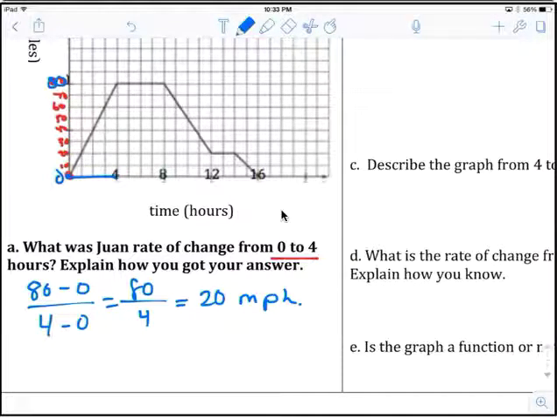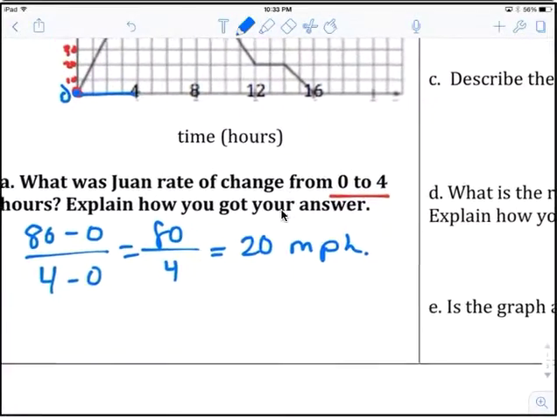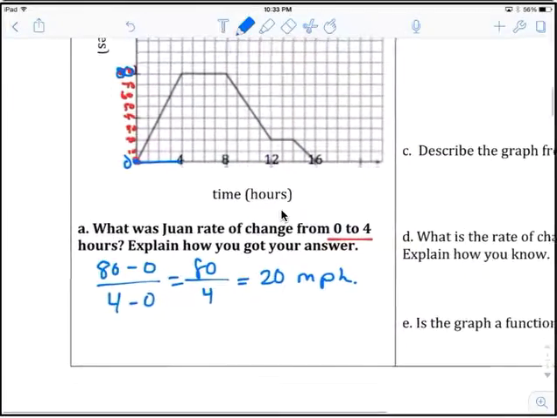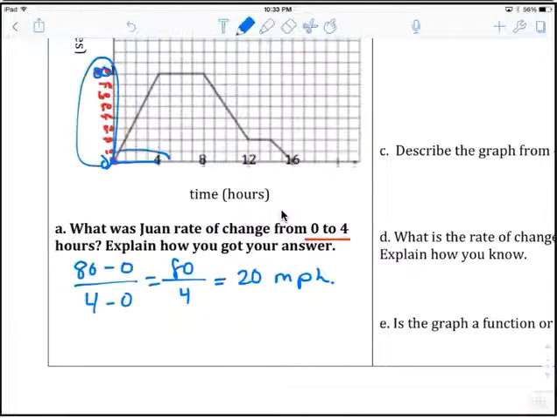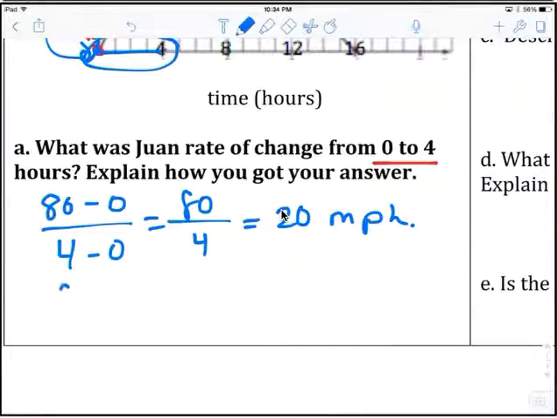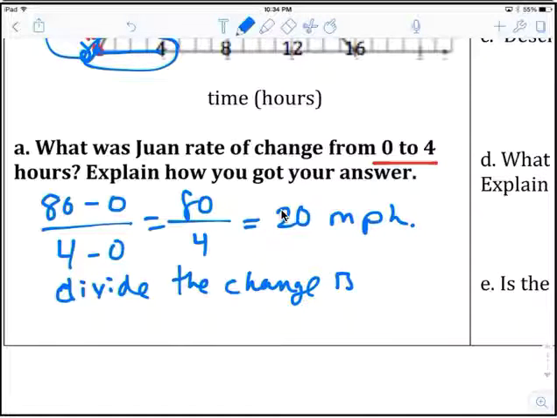Explain how you get the answer. The change in distance over the change in time. Divide the change in distance by the change in time.